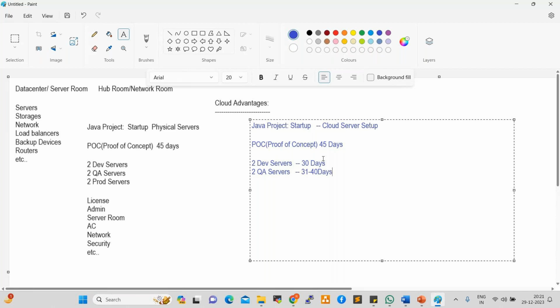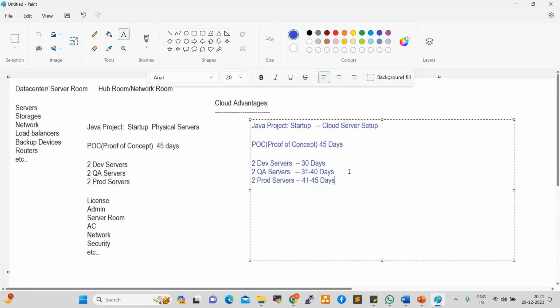After that, once testing is completed, we can create two more servers for production, from 41 days to 45 days, right?